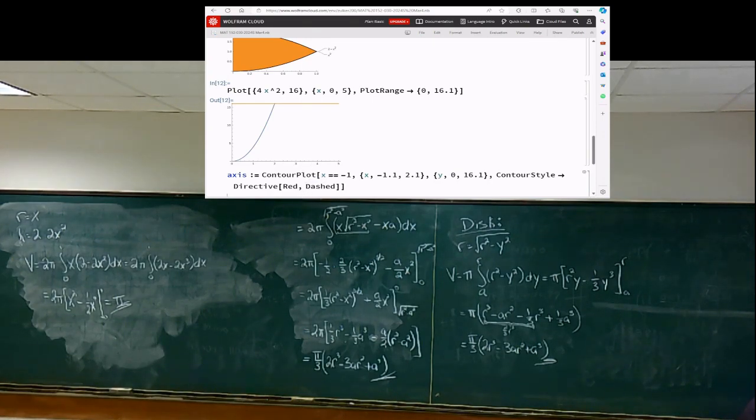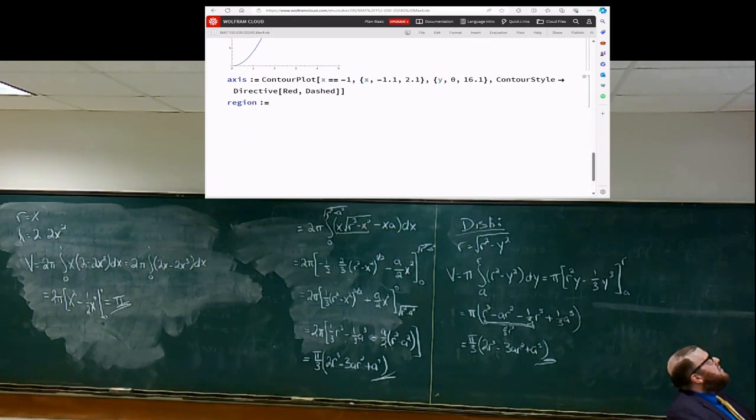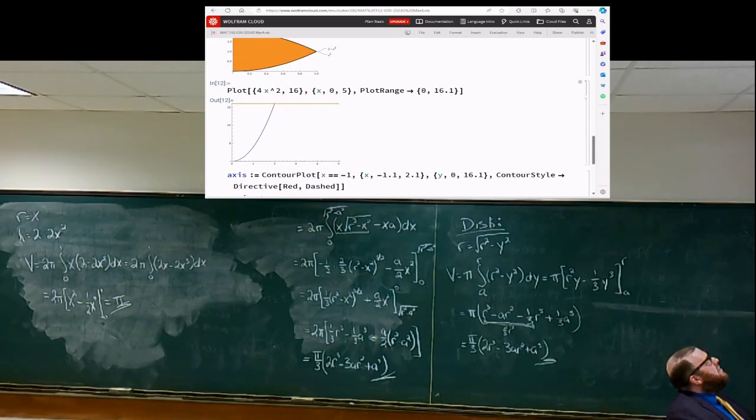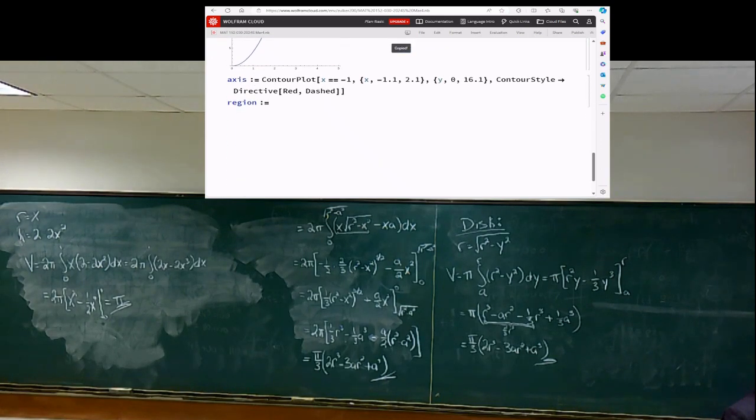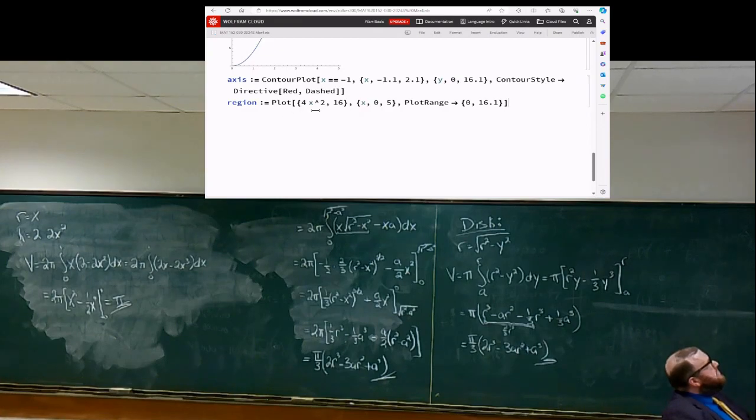That should work. Then the actual region. I'm going to copy that. That's going to stay the same. My domain's going to change.